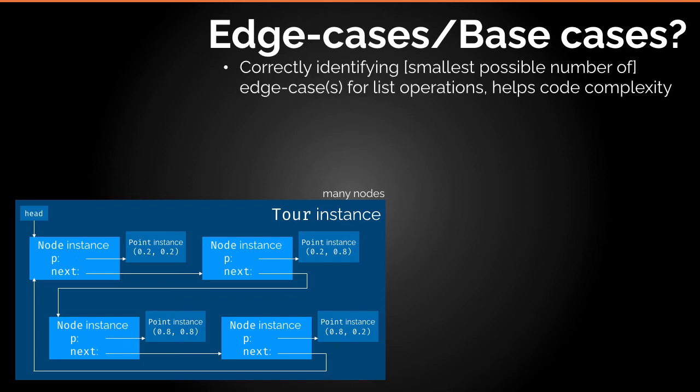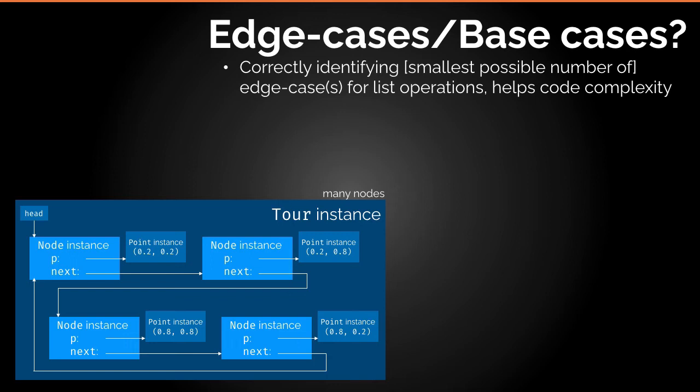One important part of this assignment is for each method correctly identifying the smallest possible number of edge cases for your list operations. And if you're able to correctly identify this number of edge cases, it will drastically reduce your code complexity. So what do I mean by that?